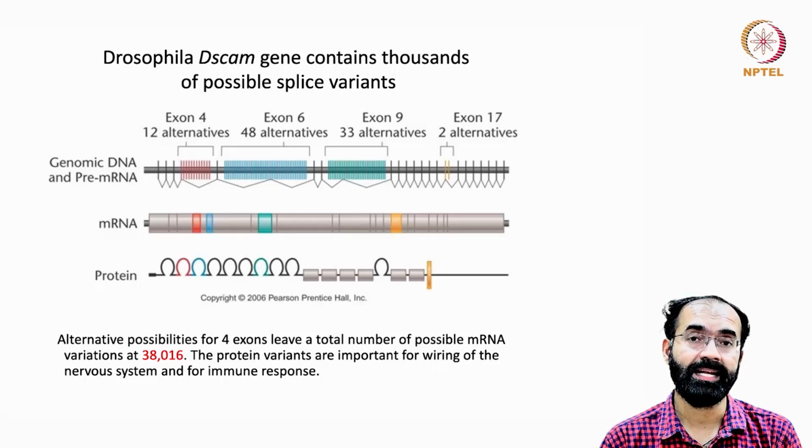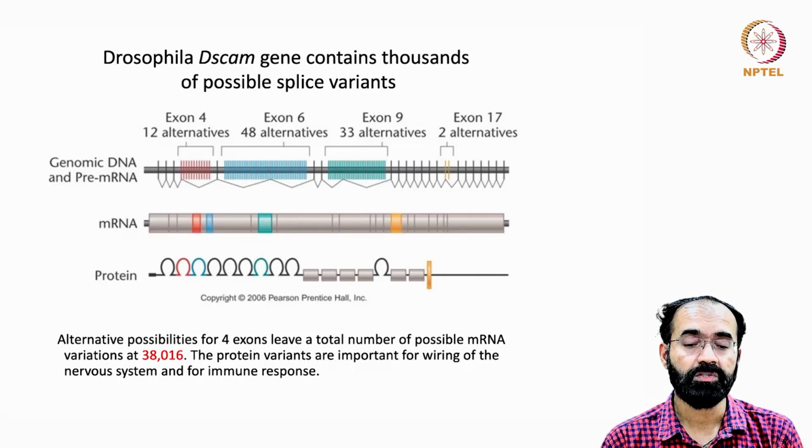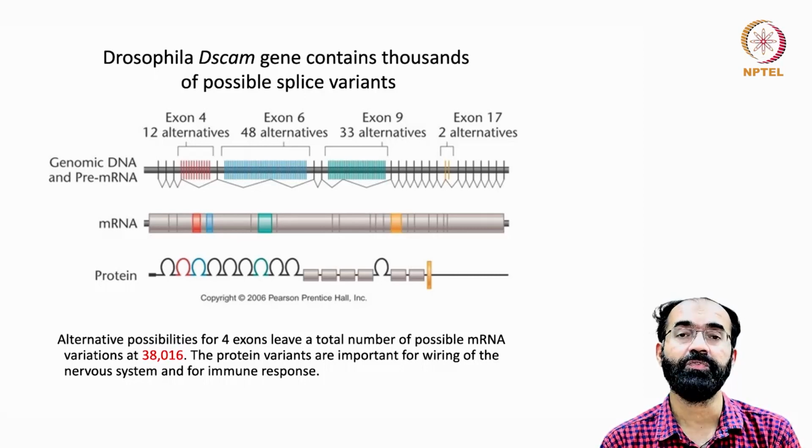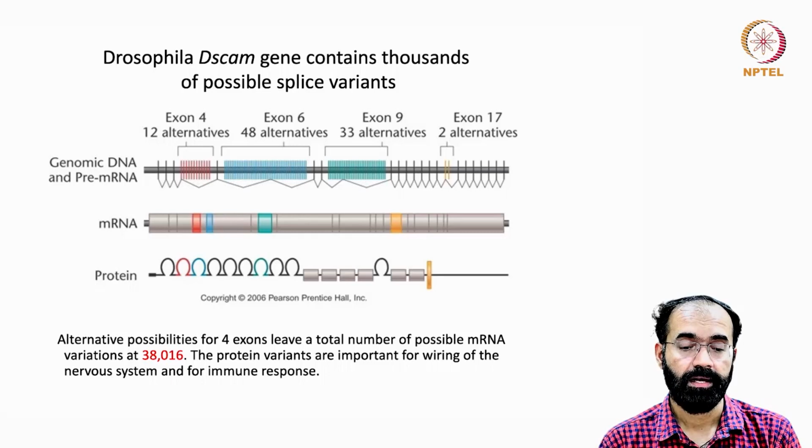Remember, it has plenty of exons, but not all are participating. Four exons determine the total number of possibilities: exon 4, exon 6, exon 9, exon 17. With just 4 exons contributing to alternative splicing, you can bring in around 38,000 plus varieties.